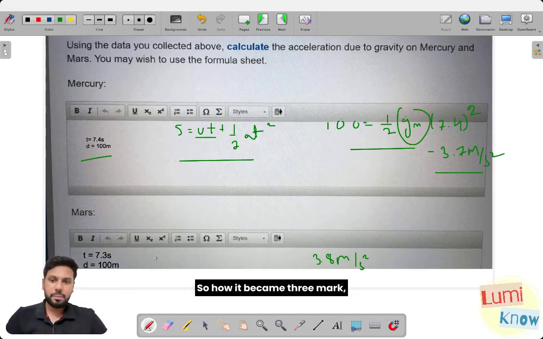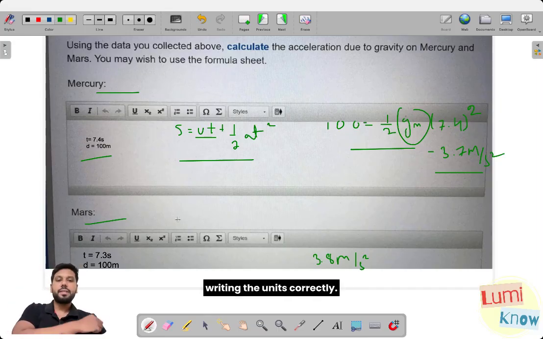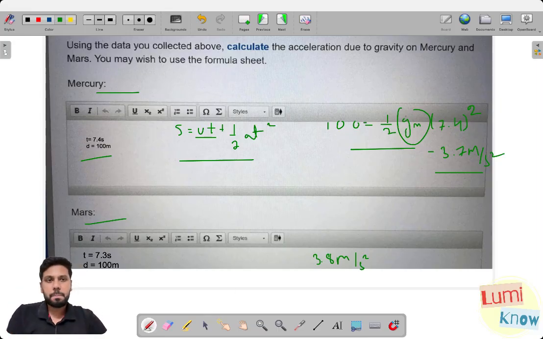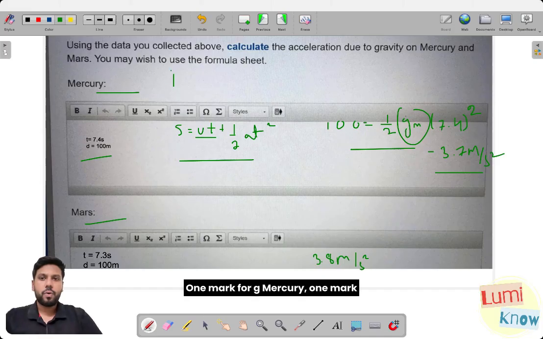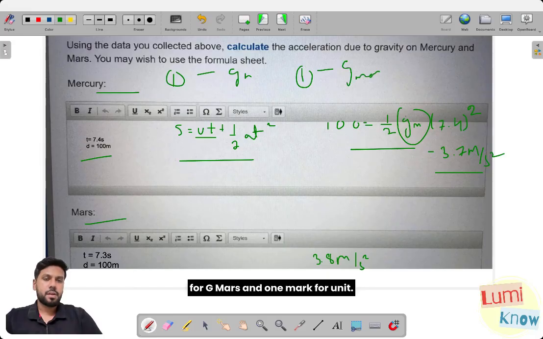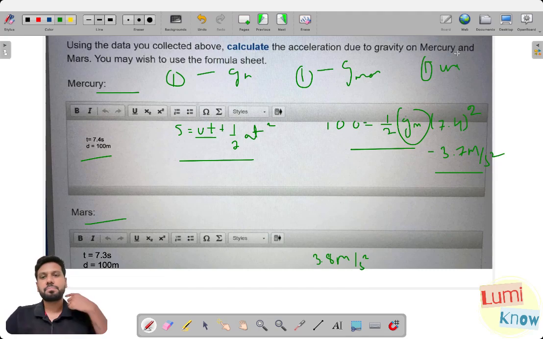How did it become 3 marks? 1 mark for the g value of Mercury, 1 mark for the g value of Mars, and 1 mark for writing the unit correctly. Now you understand how the examiner is going to see it. If you get these 3 things right, you are going to get 3 marks completely.